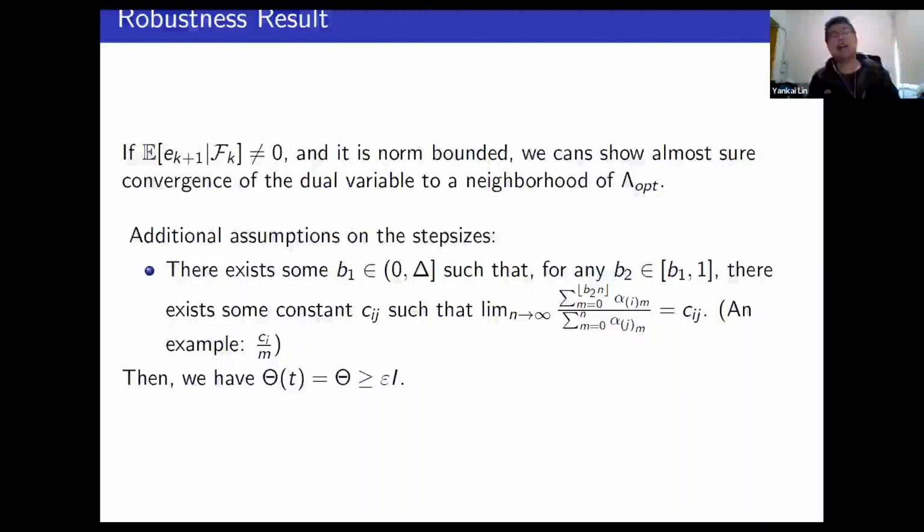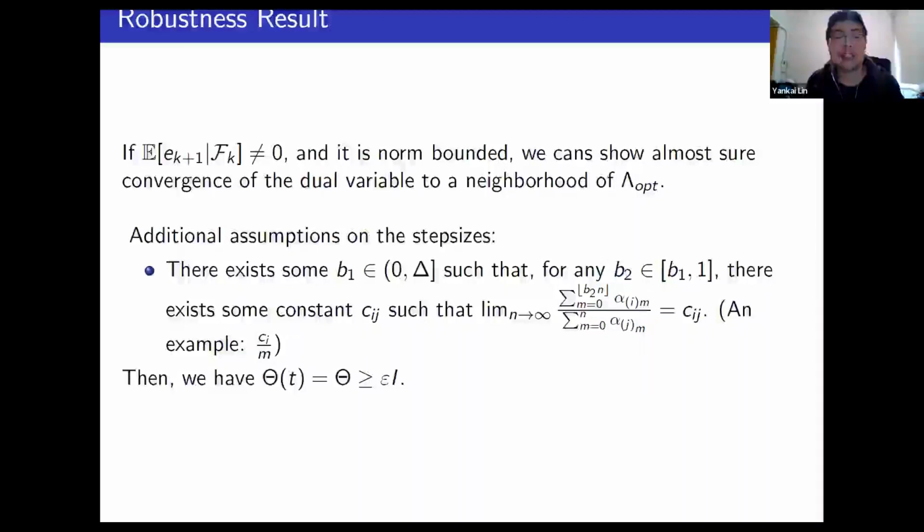In the original paper published by Borkar, when he proposed this balanced step size for the first time, he assumes that all of these Cijs are 1. That simply means that although they're using different step sizes, they all have exactly the same progress when the time goes to infinity. So that's what balanced step size means.